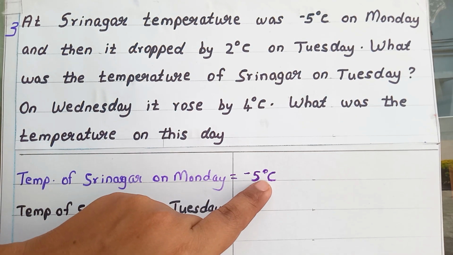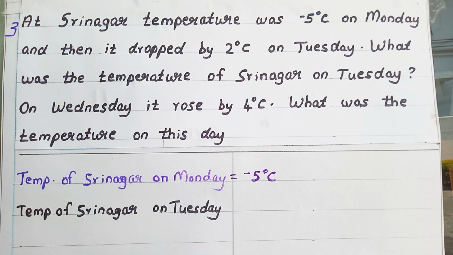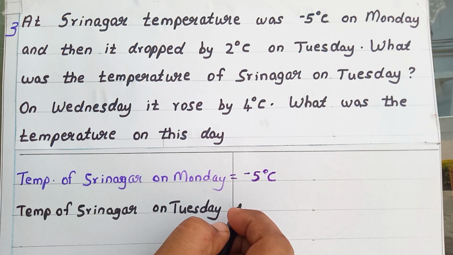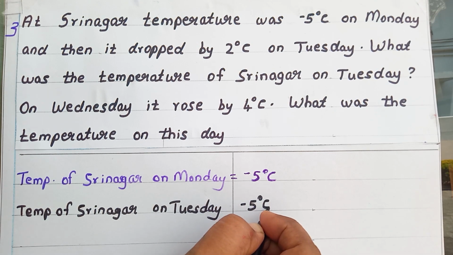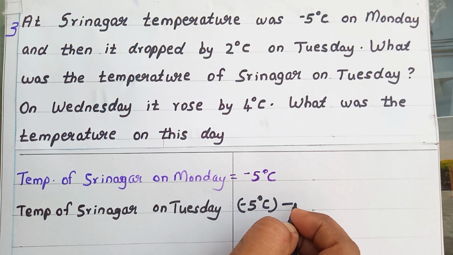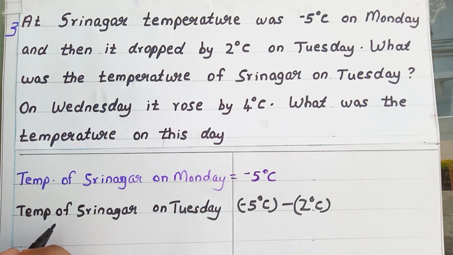See, it dropped by 2 degrees Celsius from this -5 degrees Celsius. So, -5 degrees Celsius minus 2 degrees Celsius will give us the temperature of Srinagar on Tuesday. Then our next aim is how can we subtract these two numbers?